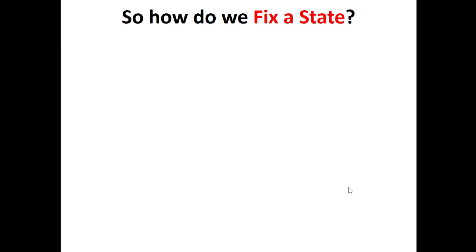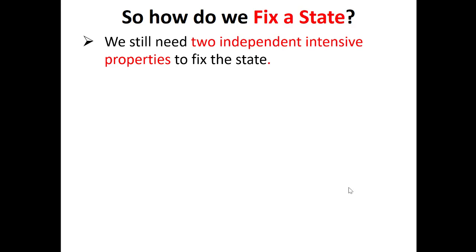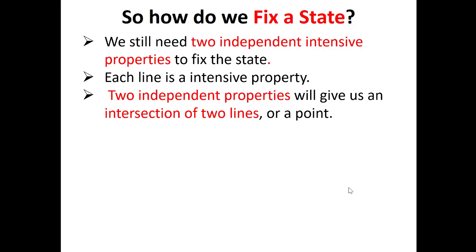So how do we fix a state using this graph? Because I'm telling you, you can use this instead of the textbook. We still need two independent intensive properties. We get a constant property on each line, and once we know two independent properties, we look for where those two lines intersect.